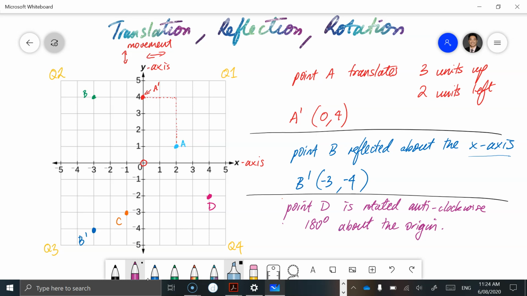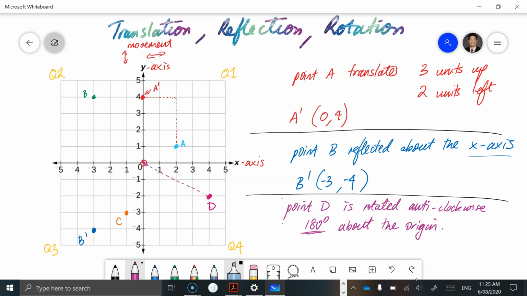That sounds probably a little bit complicated. Remember that the origin is the center point, so I want you to think that there's a pole that is firmly attached to point D, and anti-clockwise is going this direction. But we are moving it only 180 degrees.